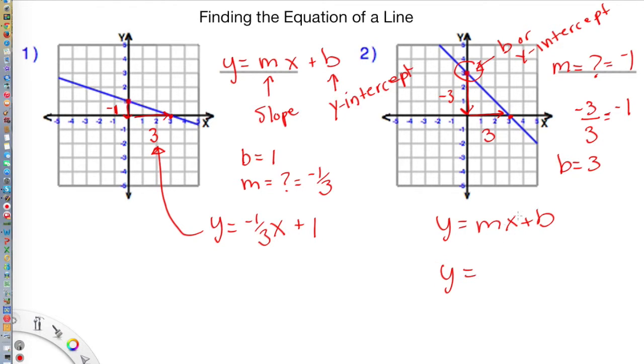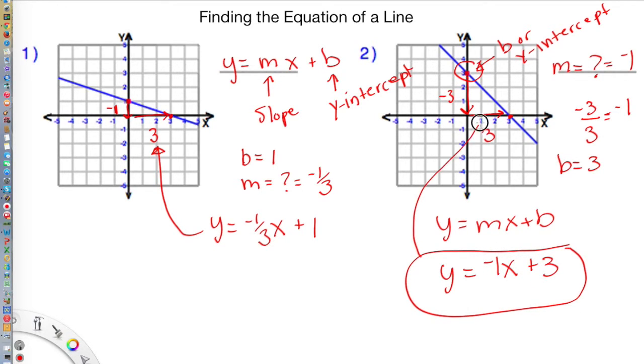So I can say y is equal to my slope, which is -1, x plus, what's my b? 3. So this is the equation for this line.